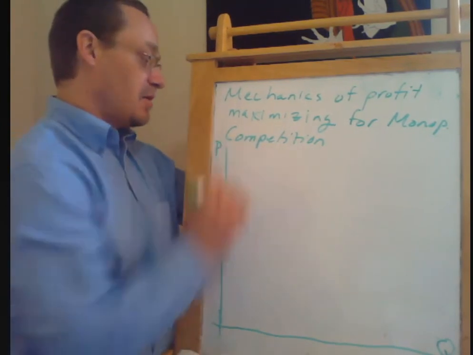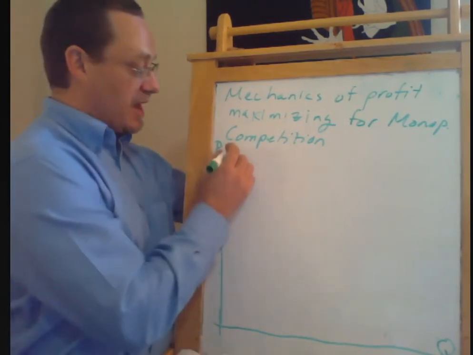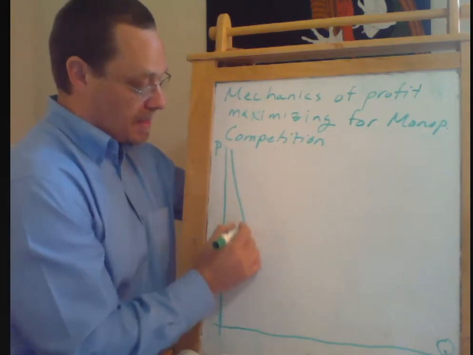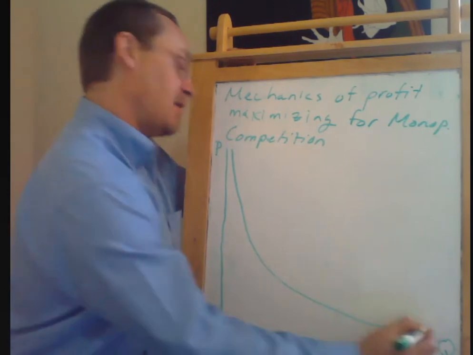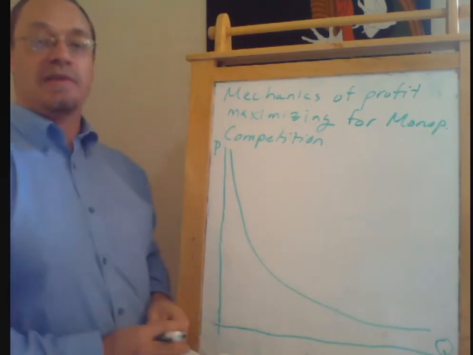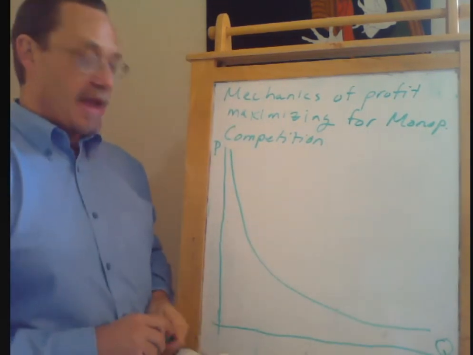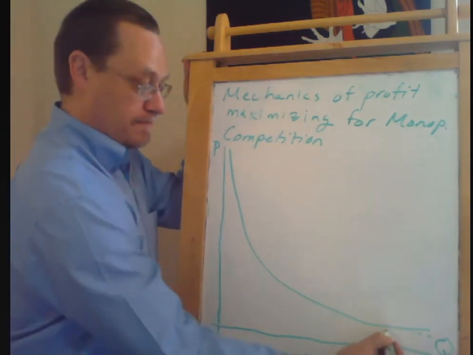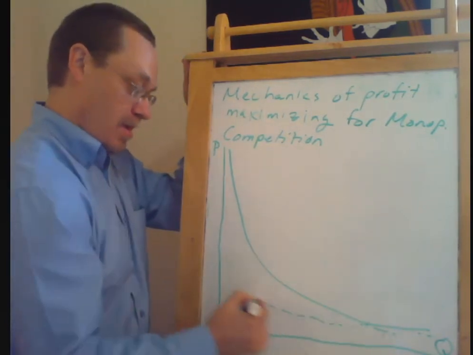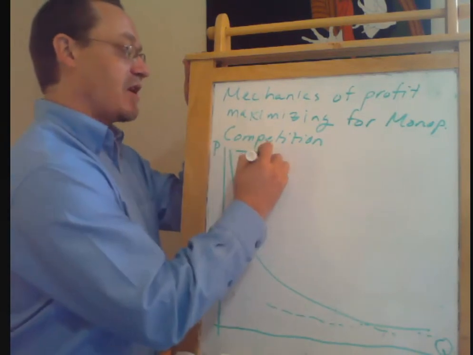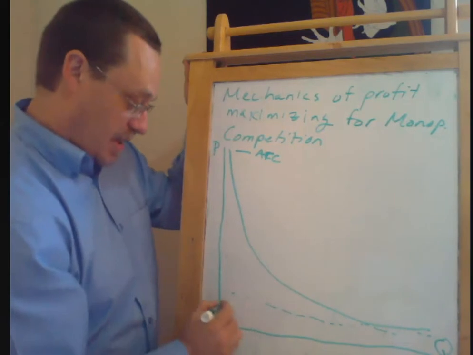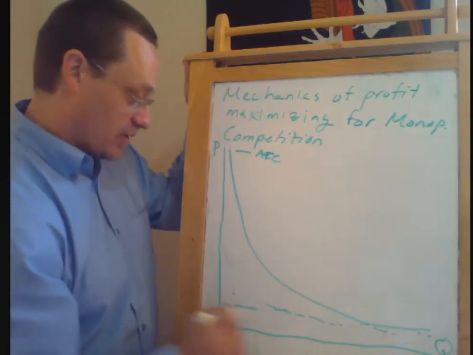And the way to look at this is, suppose we have an industry that has relatively large fixed costs and then it has a constant marginal cost per unit. And that means that our average total cost curve looks like that, and our marginal cost curve looks like this.